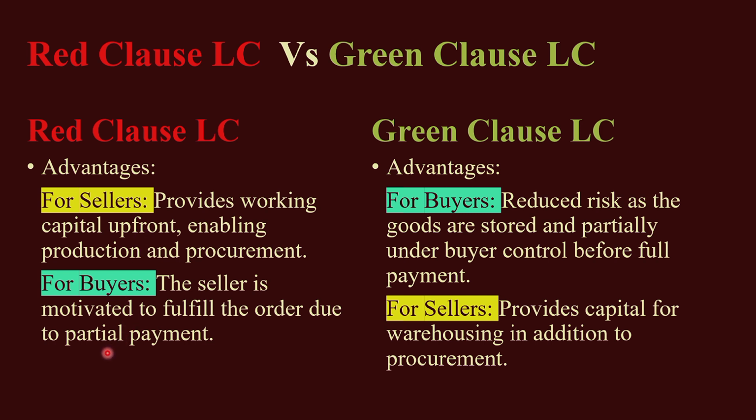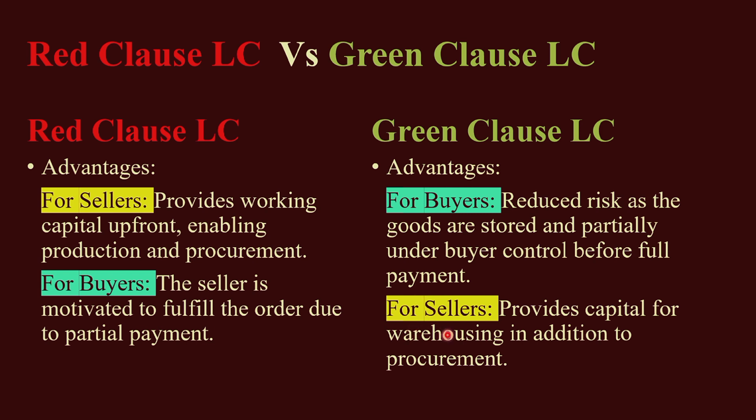And the seller is motivated to fulfill the order due to the partial advance payment. Some payment is paid to the seller in partial installments. In case of green clause, for the buyer, there is reduced risk as the goods are stored and partially under the buyer's control before full payment.